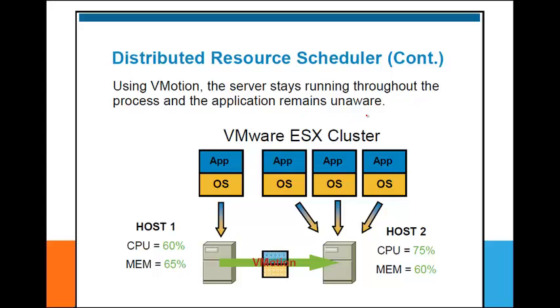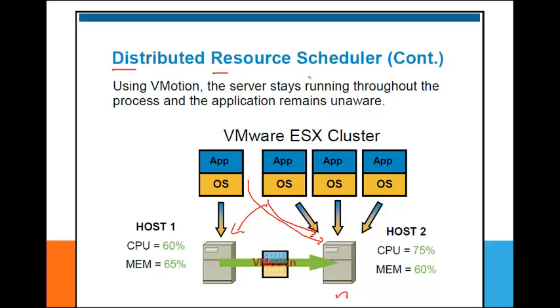So this application is simply moving to the other hardware and starts running without knowing that it is running on another physical machine. Previously it was running on this physical machine and seamlessly it is moving to this one. It is possible through DRS.